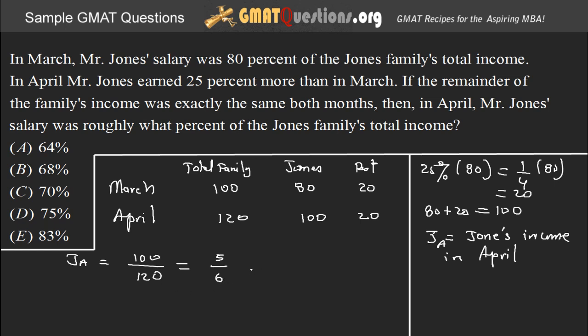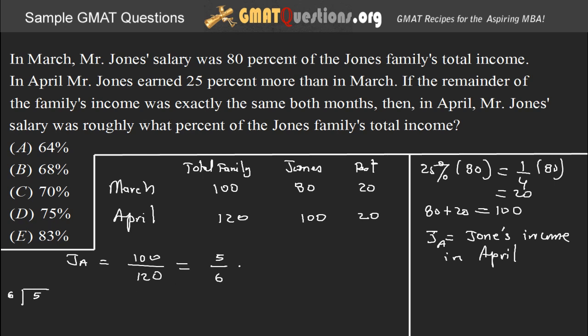Now, it's good to know what 5/6 is. I don't recommend you memorize this. You just have to figure out what it is by doing a straight division, 5 divided by 6, and then you'll find the answer.